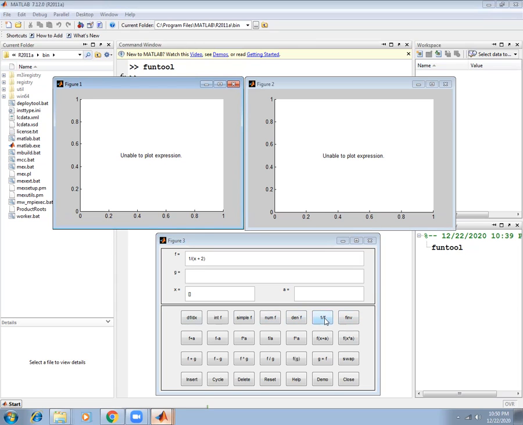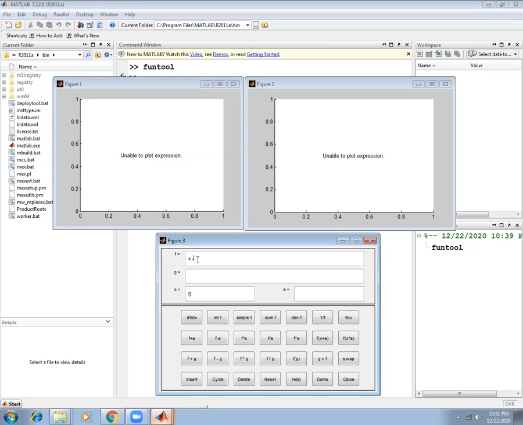Again 1 by f equals x plus 2, and if you want to find the inverse of the given function x plus 2, you can use the button f inverse. It will return the f inverse. The first row of control buttons will give you derivative, integral, numerator of the function, denominator of the function, 1 by f and f inverse form.